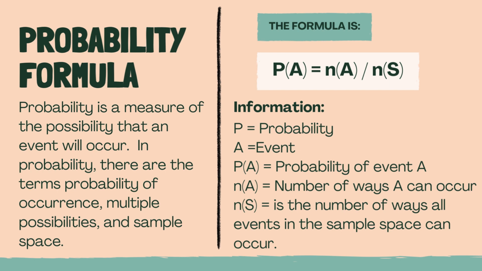Information: P equals probability, A equals event, P(A) equals probability of event A, n(A) equals the number of ways A can occur, and n(S) is the number of ways all events in the sample space can occur.